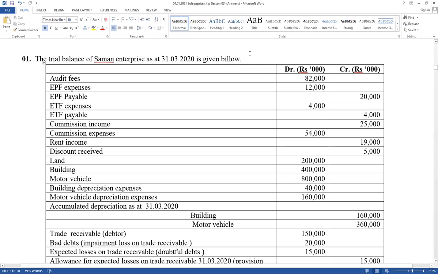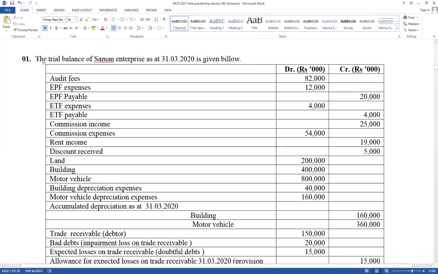Right. We have discussed already how to prepare a trial balance. Now I am going to discuss how to prepare financial statements based on the trial balance. Think about the trial balance: all the income, expenses, assets, liabilities, and equity are available. Normally in the trial balance, the debit side has assets and expenses, and liabilities, equity, and income are on the credit side.